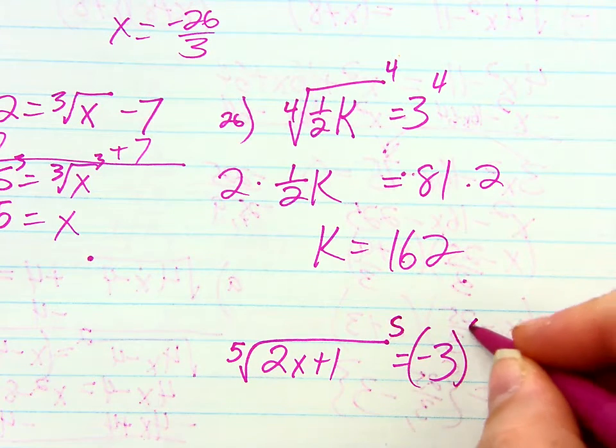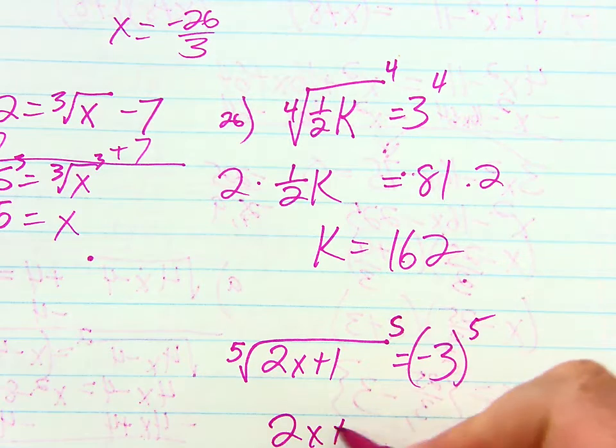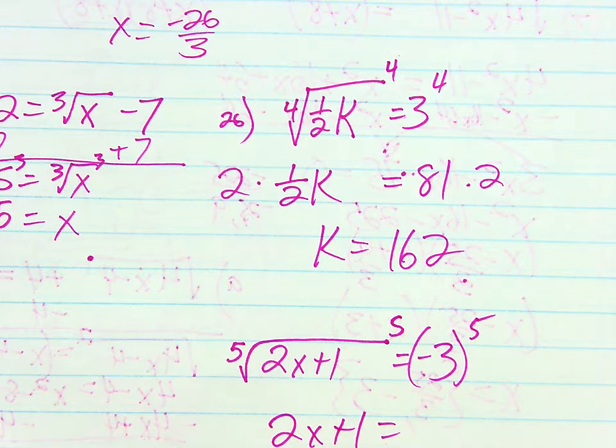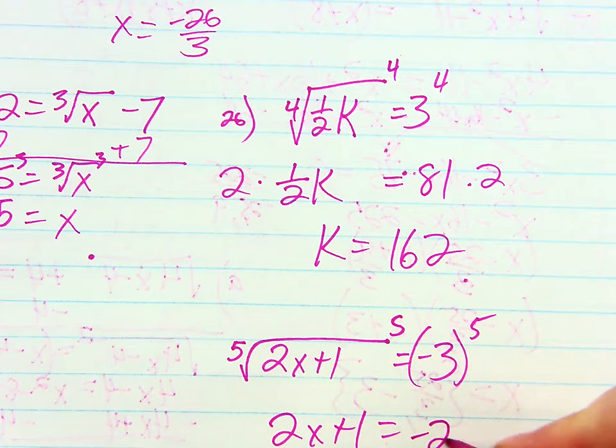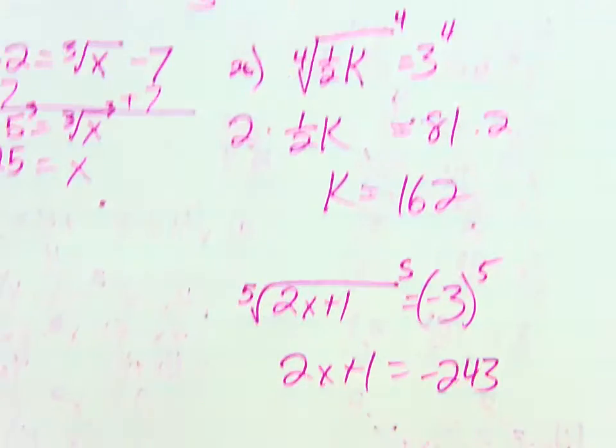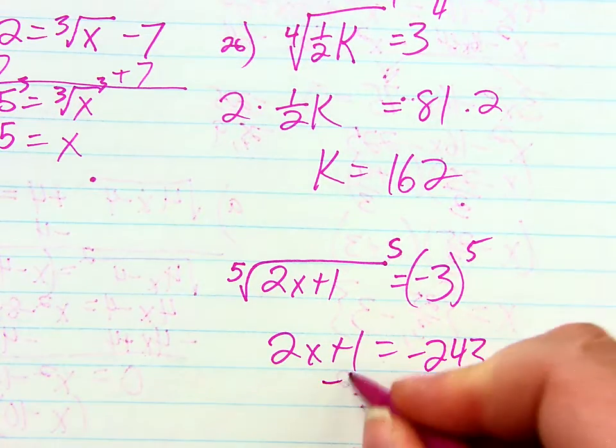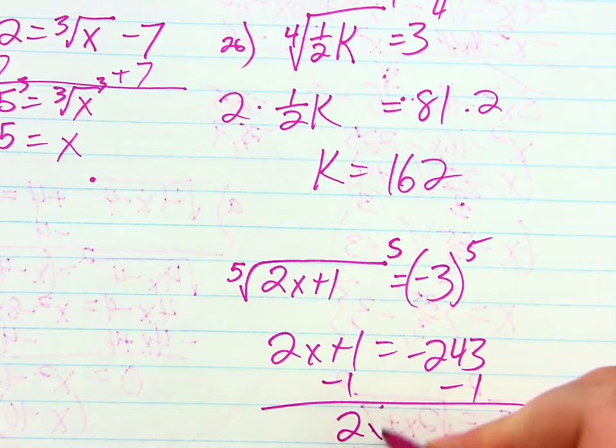The hardest part is figuring out what -3 to the 5th is, but it's not even that bad. I don't know off the top of my head. It's -243. That's it, and then I just solve this. Easy peasy, lemon squeezy.